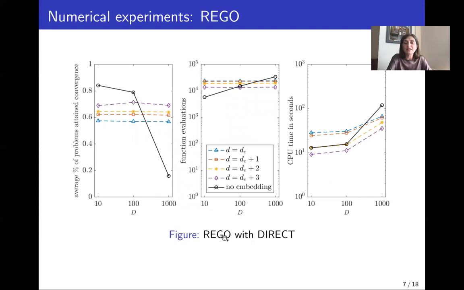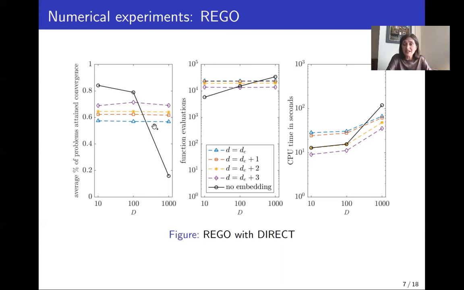So when we solve with DIRECT, what we notice here, we have on the horizontal axis the big D dimension of the problems, and on the vertical axis the percentage of problems solved. You can see that in the no embedding framework, where you solve the problems directly, the probability of success goes down dramatically.